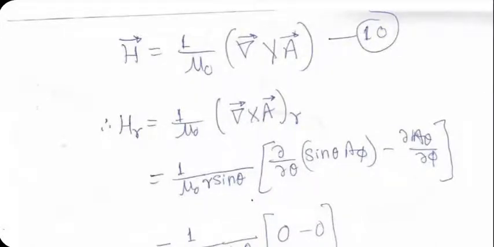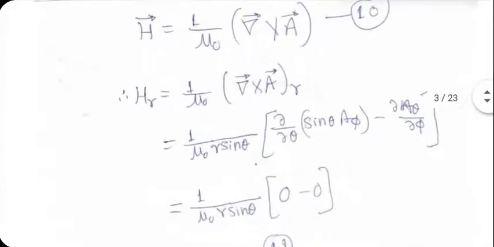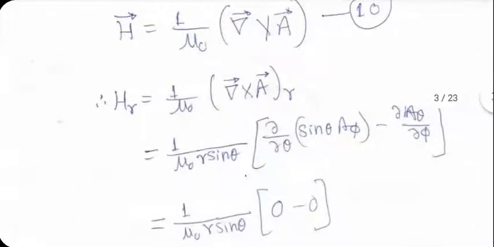So let's look at HR first. The formula for del cross A's R component is reproduced here from the previous document. Del cross A's R component is actually 1 upon R sine theta multiplied by whatever you are seeing within the brackets. And mu naught has come in because we are looking at 1 upon mu naught in the beginning. Now, we know that d by d phi is 0. So the last term goes away.